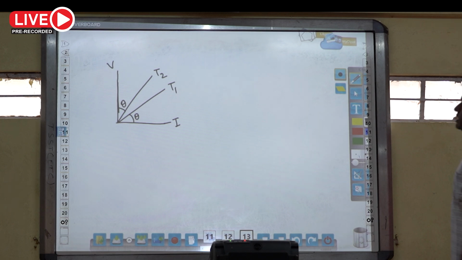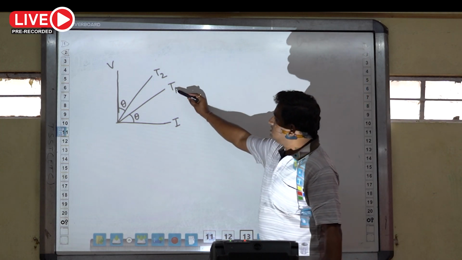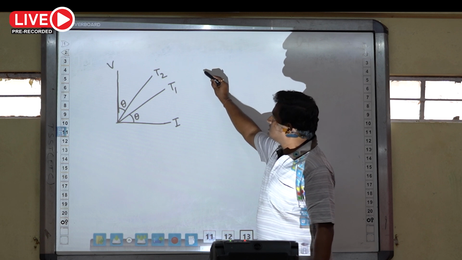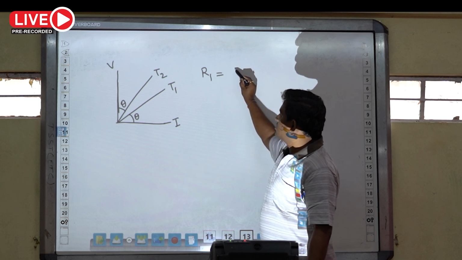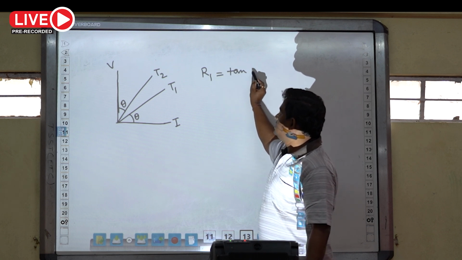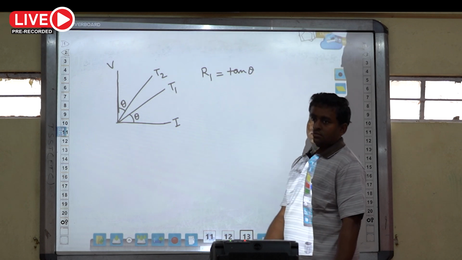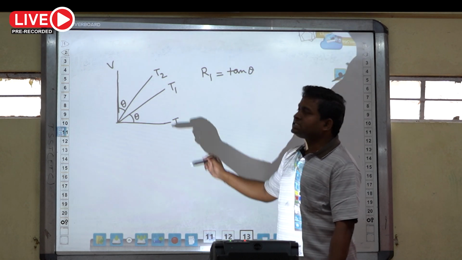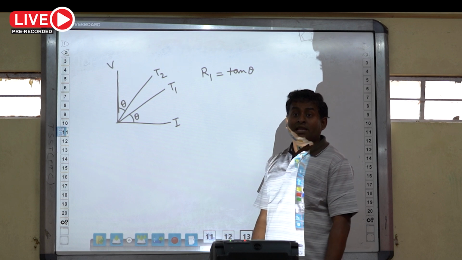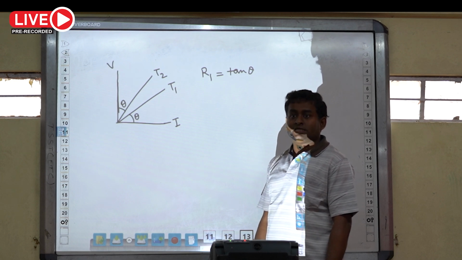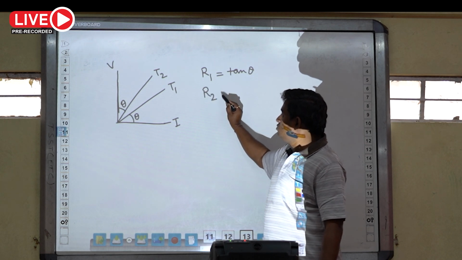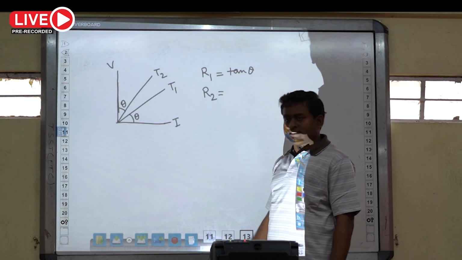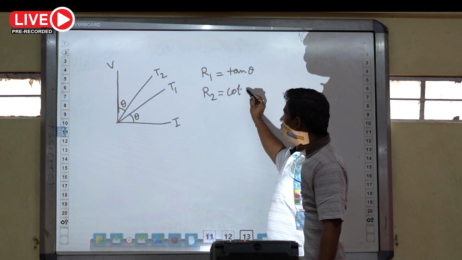For the first one, suppose the resistance is R1. So R1 equals tan theta. Then for the second graph, what is the angle with the x-axis? It is 90 minus theta. So R2 equals tan of 90 minus theta, that is cot theta.